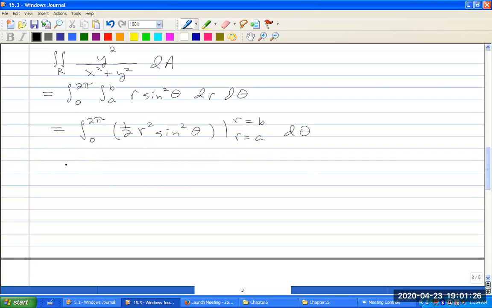So this is equal to integral from 0 to 2 pi of 1/2 b squared sine squared theta minus 1/2 a squared sine squared theta. So let me just factor out the 1/2, and so let me integrate this.